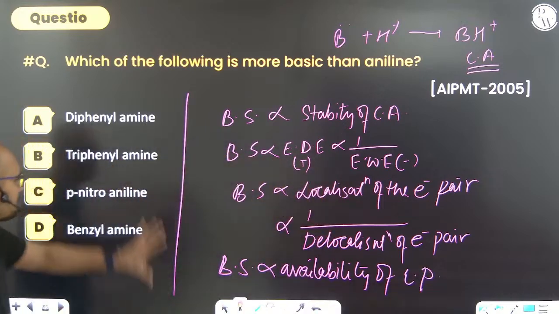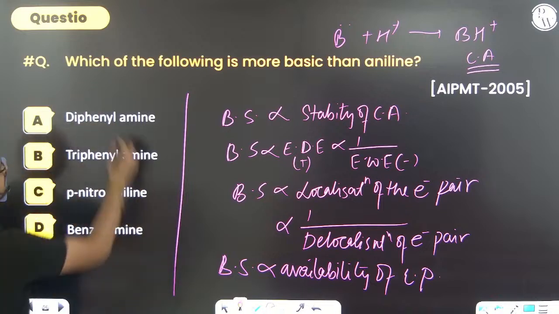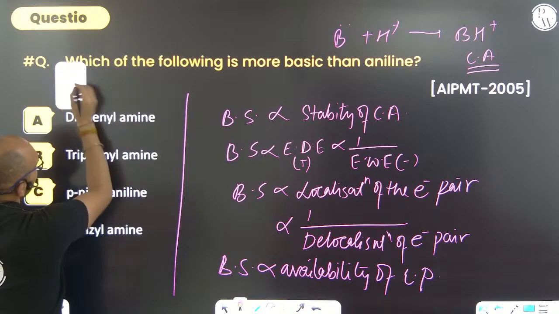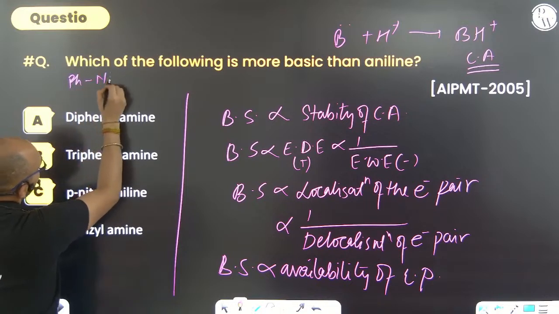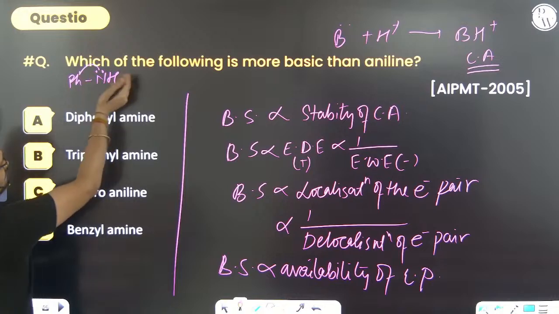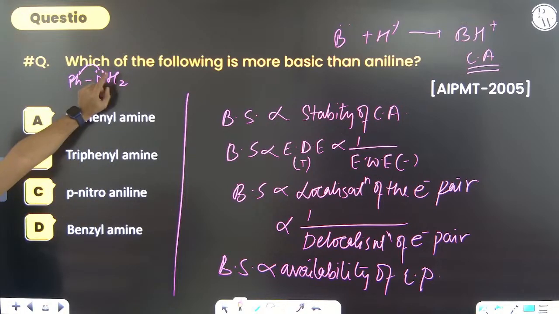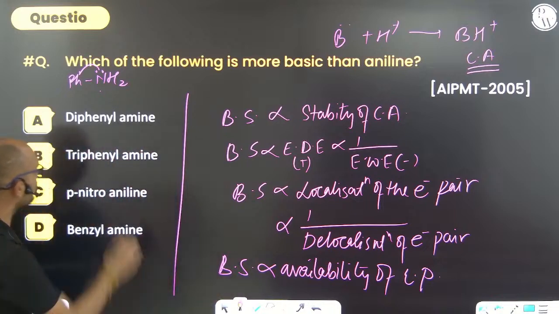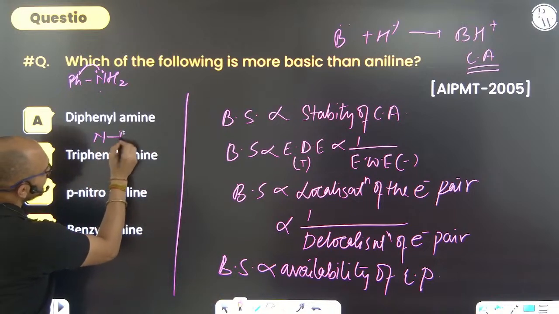Okay, let's see on the basis of all this. Aniline. What about aniline? This is aniline, or PhNH2. Can you see this lone pair is in resonance with Ph? So what happens? This lone pair becomes less available due to less availability. Okay, forget about it. Diphenylamine, NPhPh.